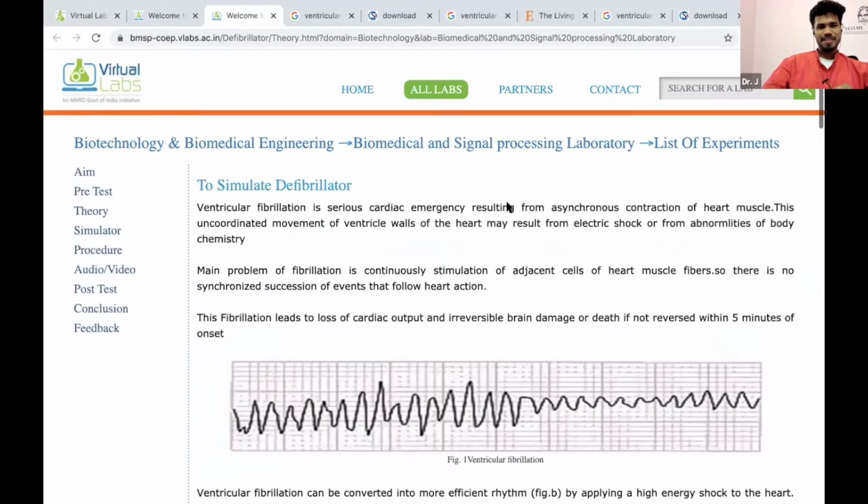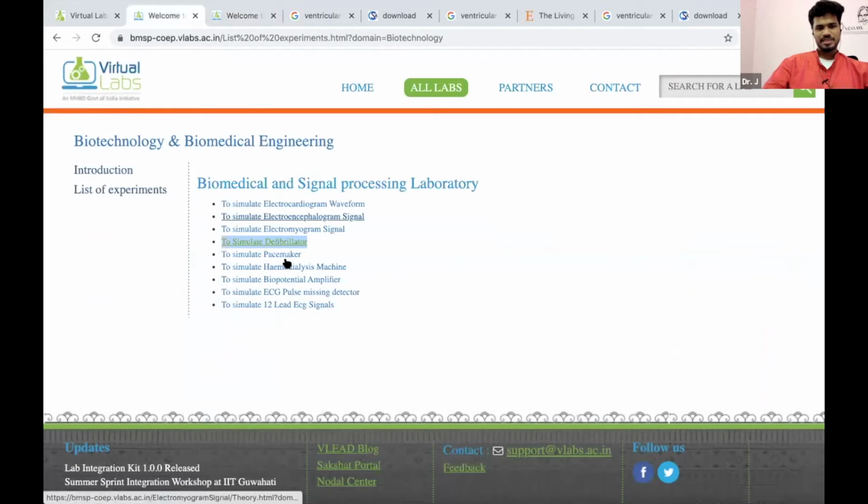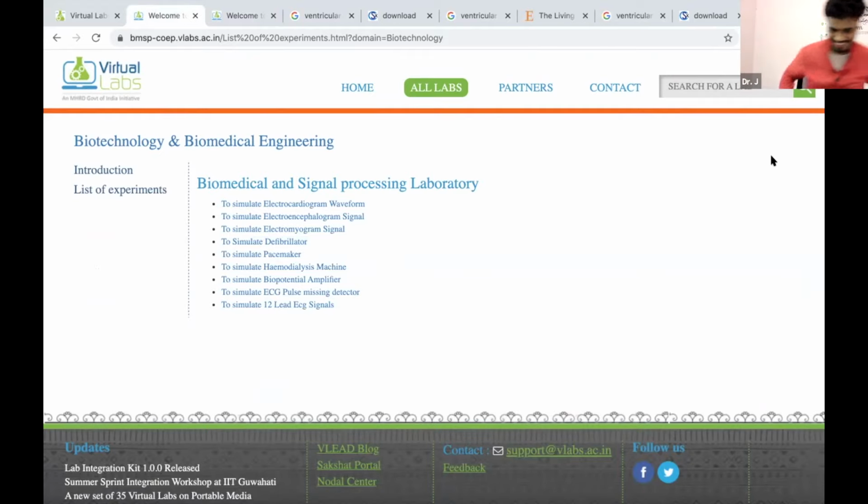Then we have a very different type of problem, that is pacemakers, right? The sinoatrial node all of a sudden stopped working. It's like the sun all of a sudden stopped rising the next day. It has been rising all along, but that doesn't mean that it has to rise tomorrow. Suddenly it stops rising.